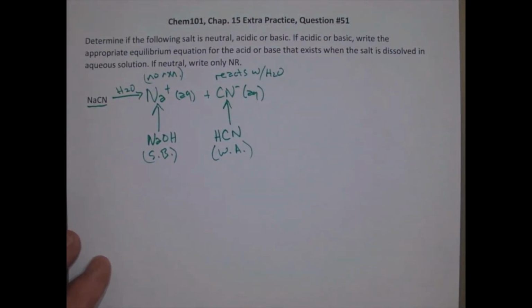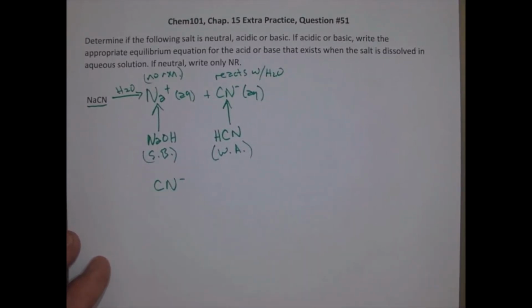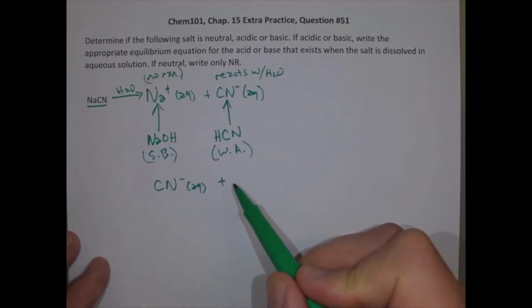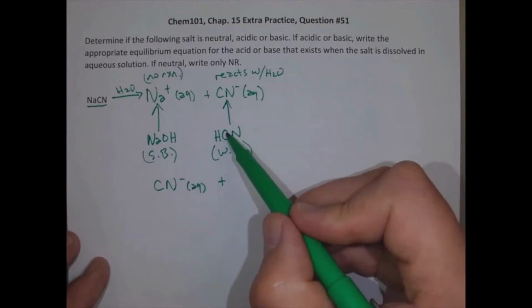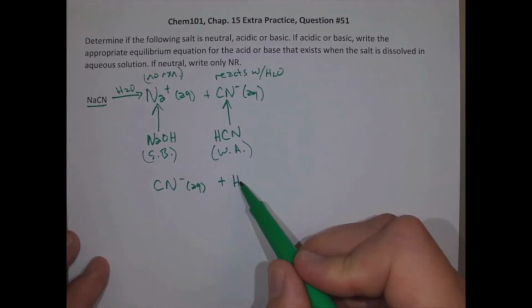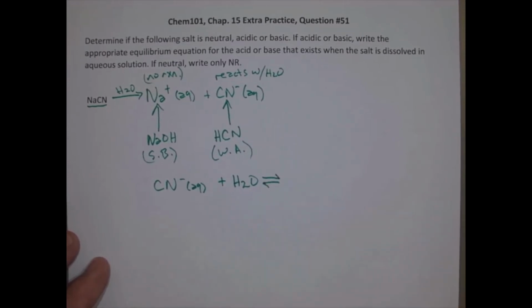And so now we just want to describe how it reacts with the water. I have that ion, the CN-, and it's aqueous, it's in solution. Well, CN- is the conjugate base of this weak acid. I call it a conjugate base for a reason, because it can behave like a base in water, when it does so in a reversible way.